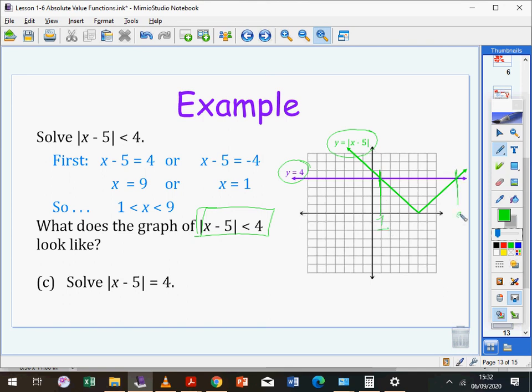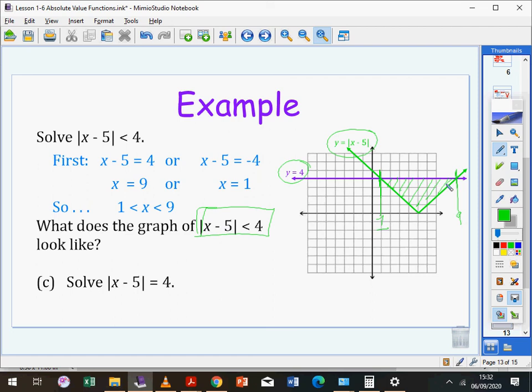Those are still the points where they intersect, and remember those are the solutions to your equation. And the values of this function that you're interested in are going to be values in that section, between 1 and 9 only. So if I've drawn these two graphs, then that's what that looks like.